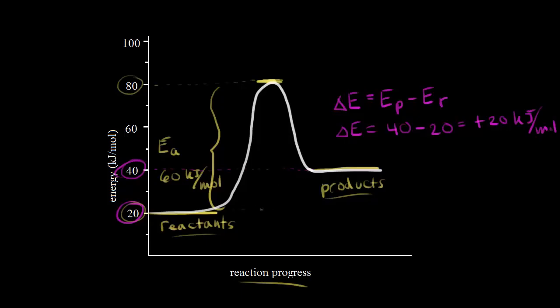So that would be this difference right here. So our change in energy for this reaction is positive. And so this represents an endothermic reaction. So the previous example was an exothermic reaction where heat is given off, and this is an endothermic reaction where heat is absorbed.